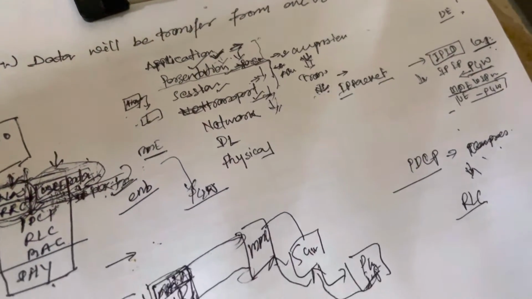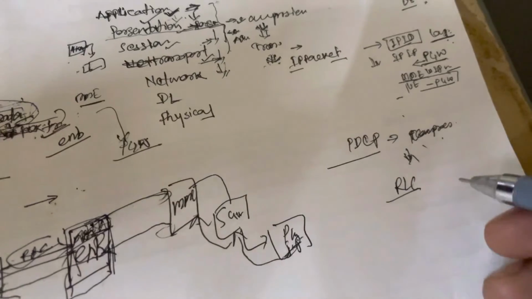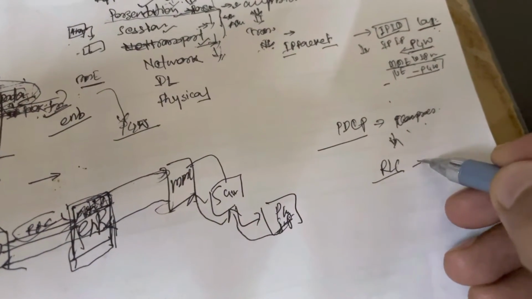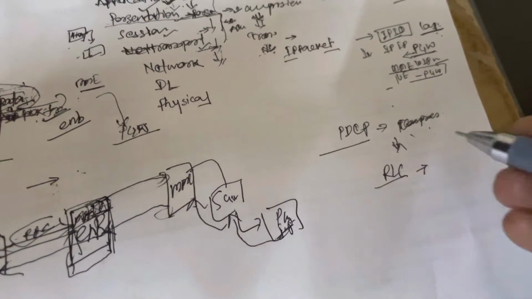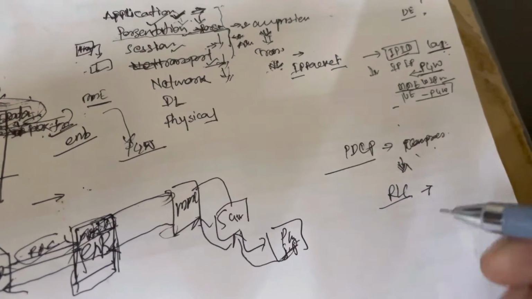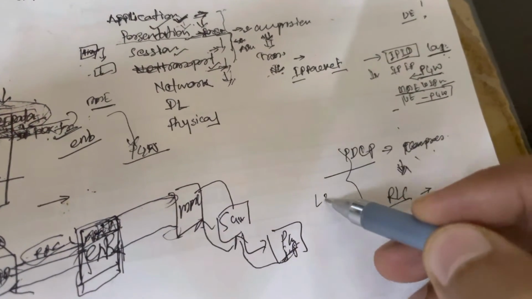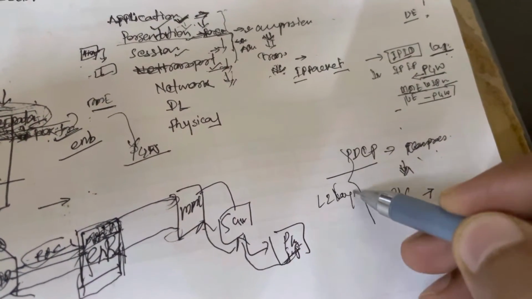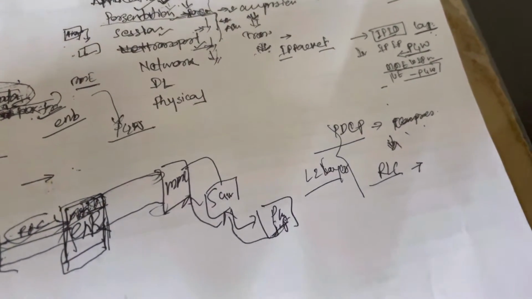Then what will RLC do? Again, the purpose of the RLC protocol here, and these all are L2 layers, right? I have already told you, so please remember these things.